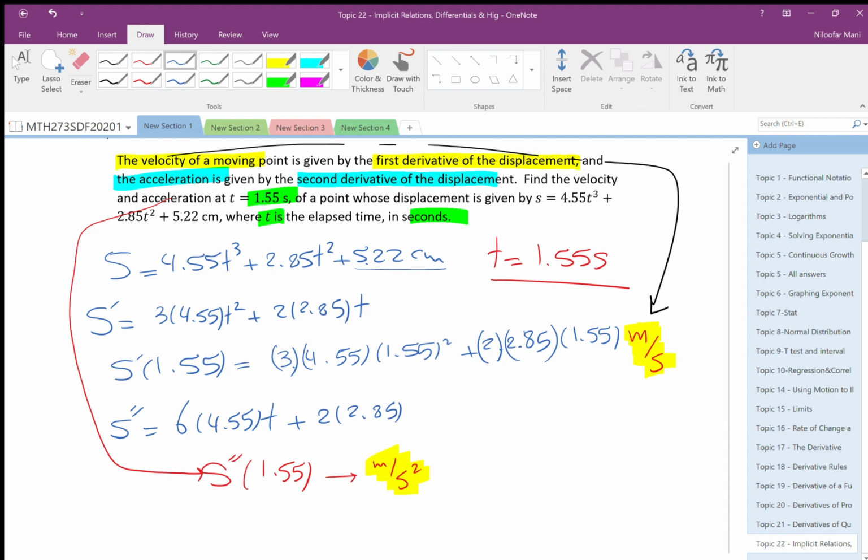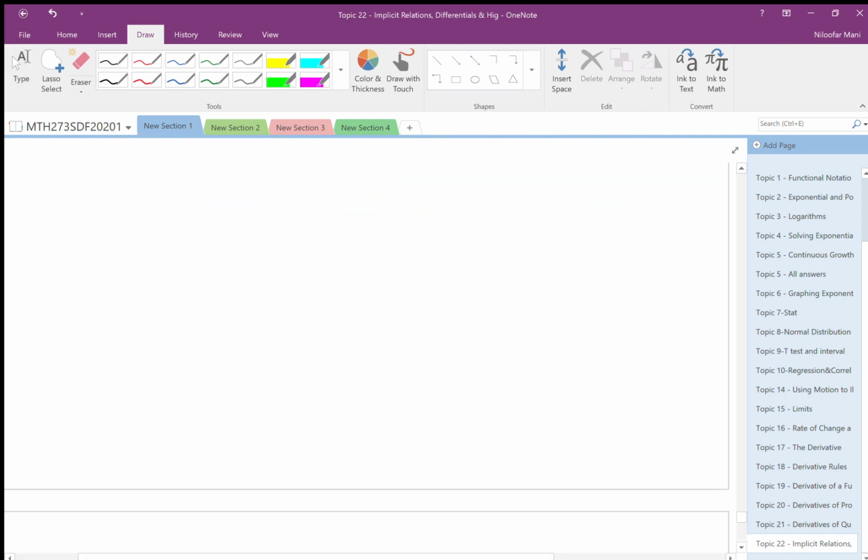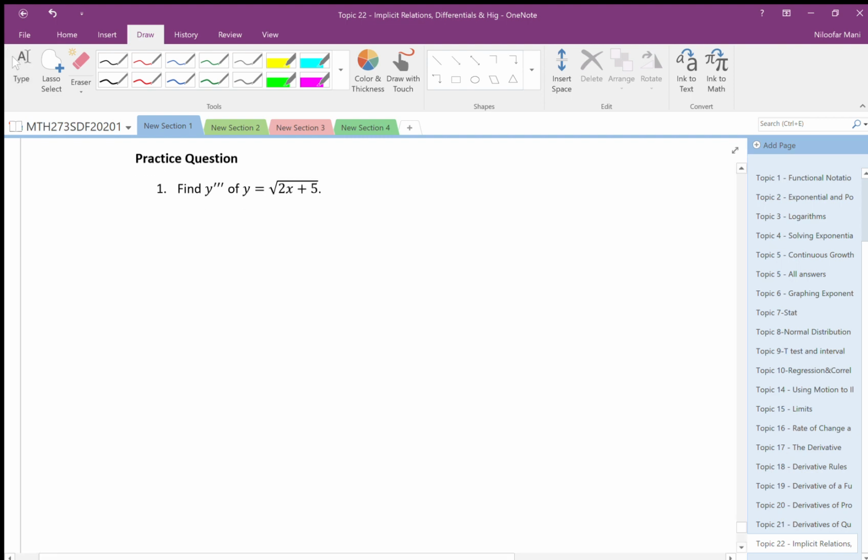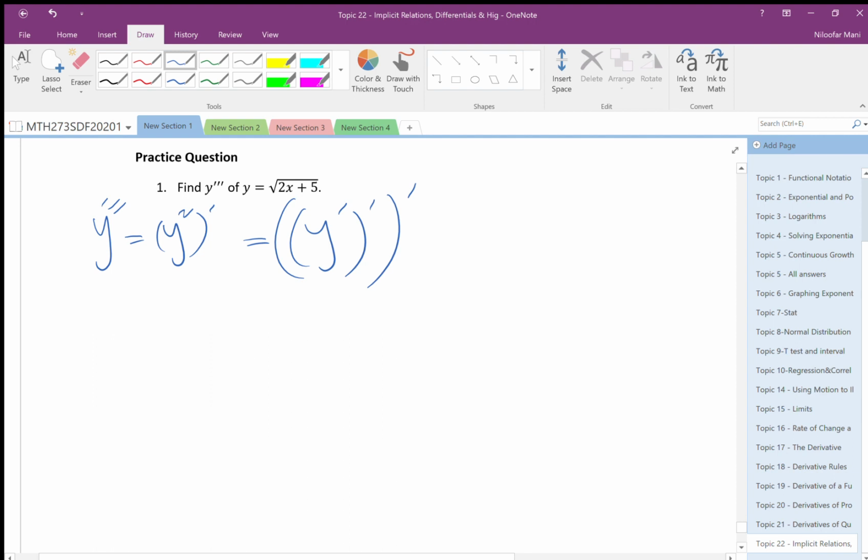Okay, so I can continue here. It says, what is y triple prime? Y triple prime is the derivative of y double prime, which means you have to do the third derivative.